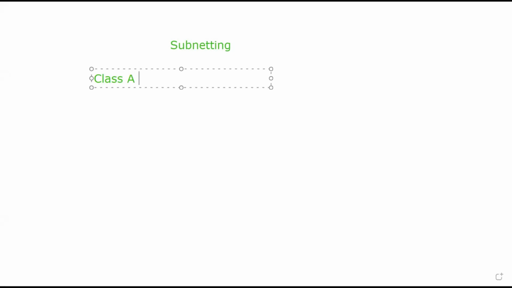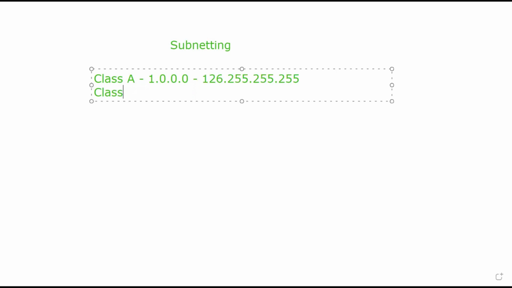You already learned that the class A IP range is 1.0.0.0 to 126.255.255.255, right? Next, our class B IP range is 128.0.0.0 to 191.255.255.255.